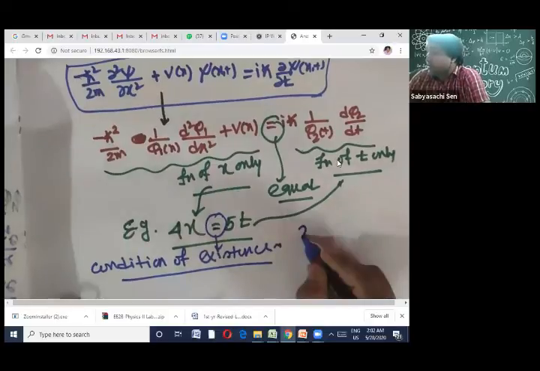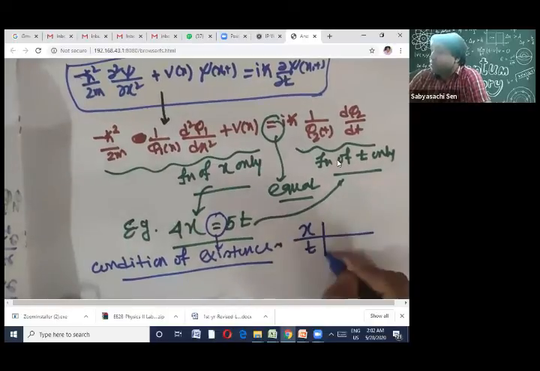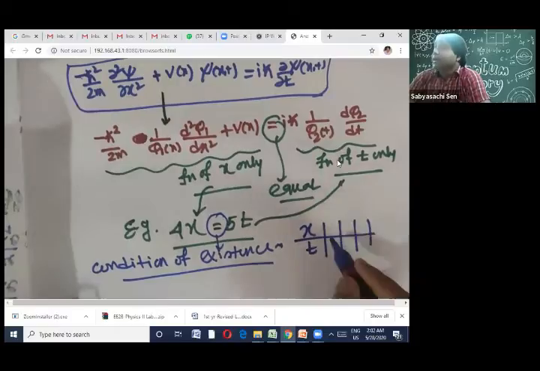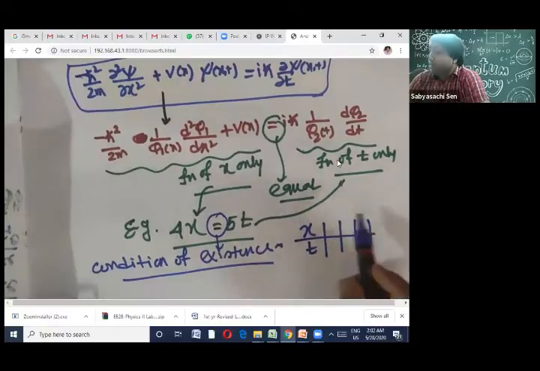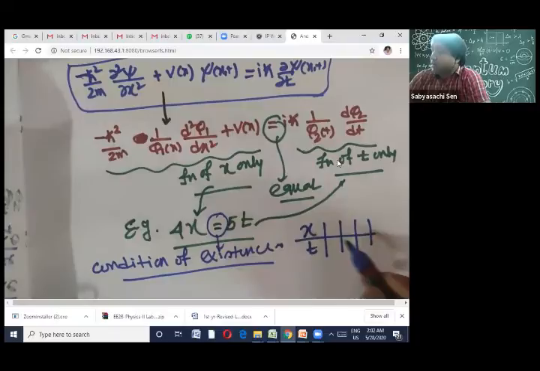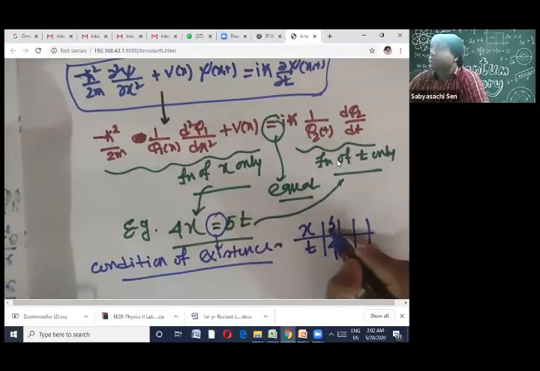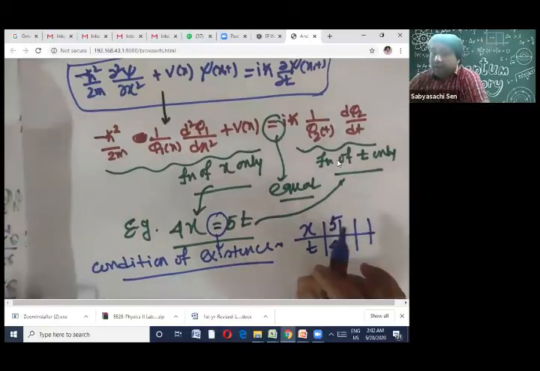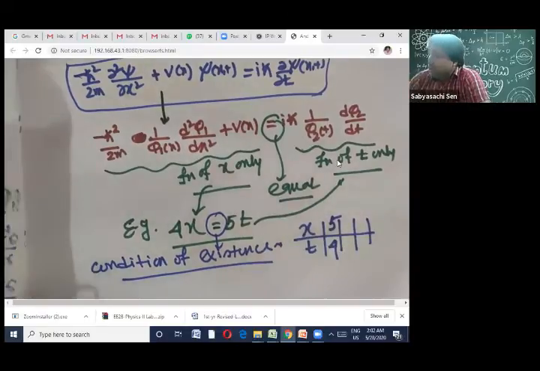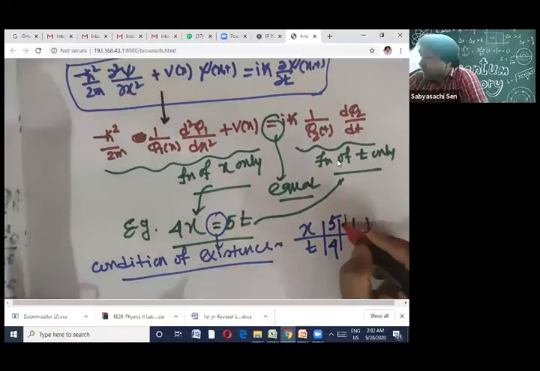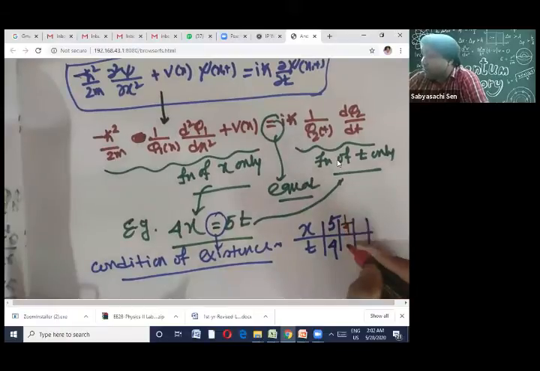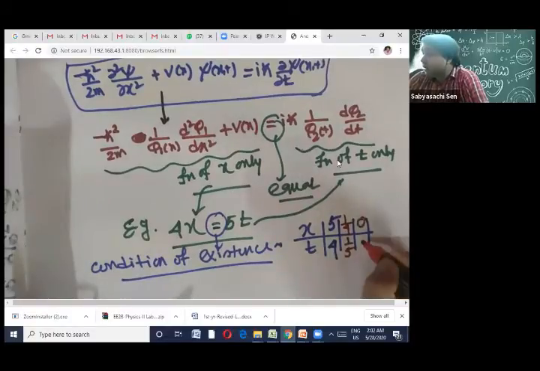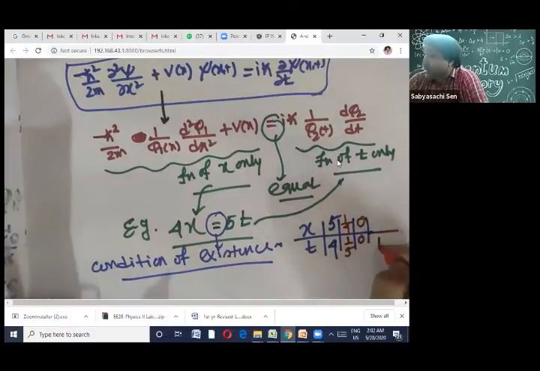Suppose I choose the x value and t values. You can realize that if you make this, both sides will be equal. Suppose I choose t equal to 4, then I have to choose x equal to 5, so both are 20. Suppose I choose x equal to 1 by 4, then I have to choose t equal to 1 by 5. I choose x as 0, then I have to choose t as 0. I choose t as 8, I have to choose x as 10.